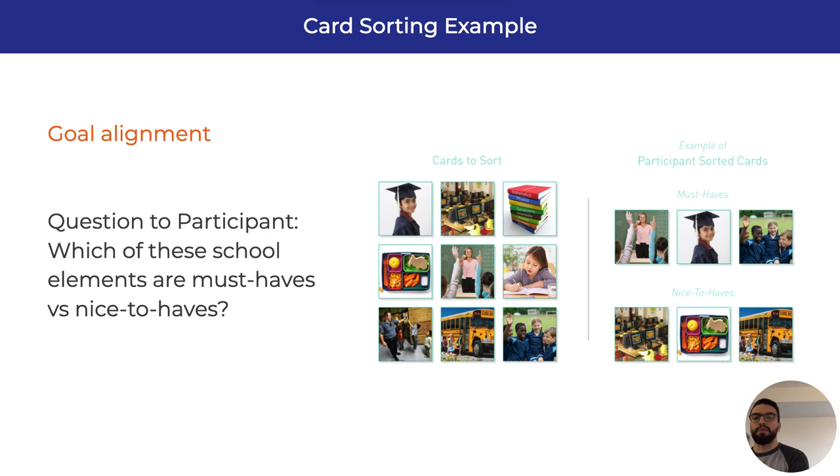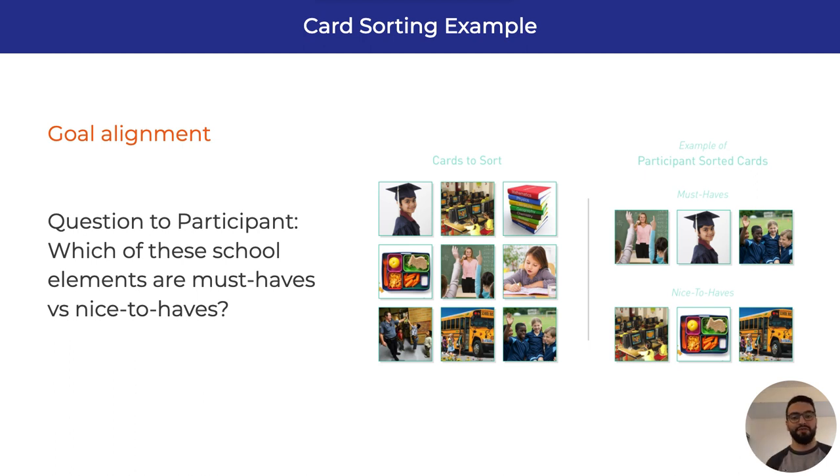Another example would be more goal alignment oriented. So over here, the question that you would ask your participant is, which of these school elements are must-haves versus nice-to-haves? And this is basically like a parent that's trying to choose which school their child should go to.